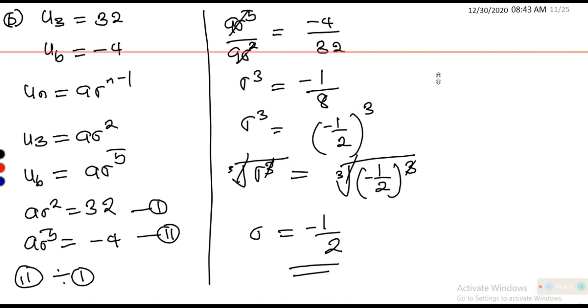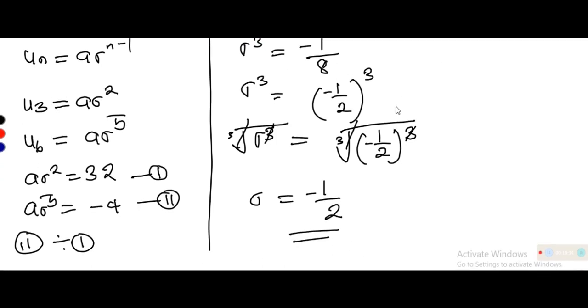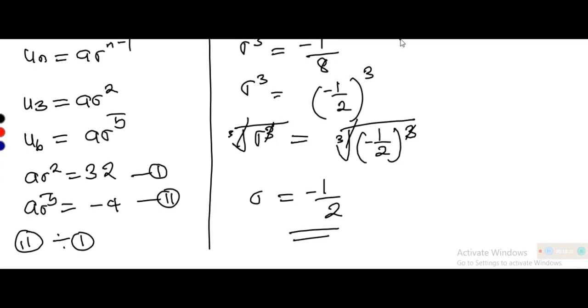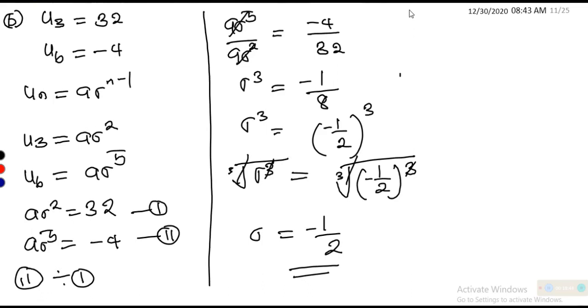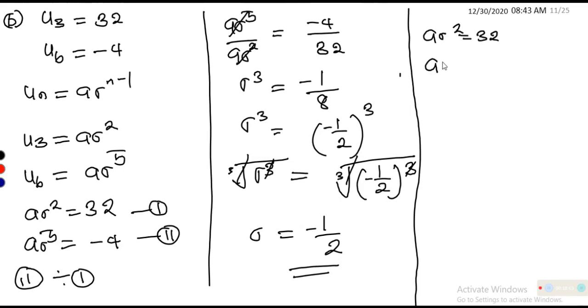And then from equation 1 we can generate the first term. So remember equation 1 is AR squared equals 32. So A times minus 1 over 2 squared equals 32.